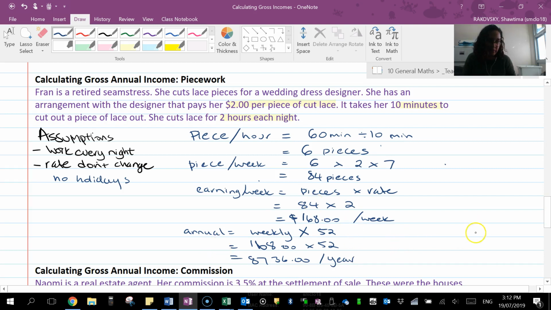Okay, so then you would have your final statement. Assuming that all these things are met, this is how much money Fran generates in a year.